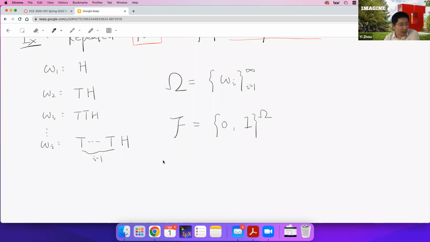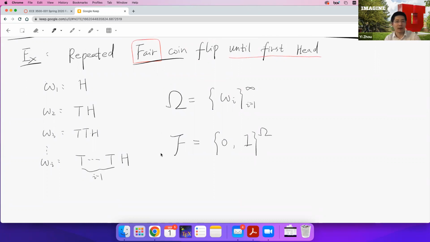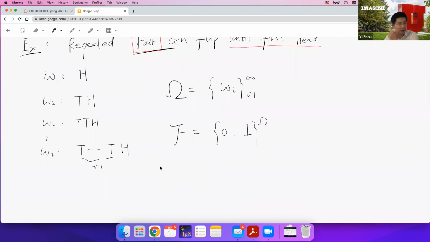And then for each particular event, because it is a fair coin, we can actually calculate all the probabilities corresponding to each event. So for example, by default, we have P omega equals 1, and the empty event has probability 0.